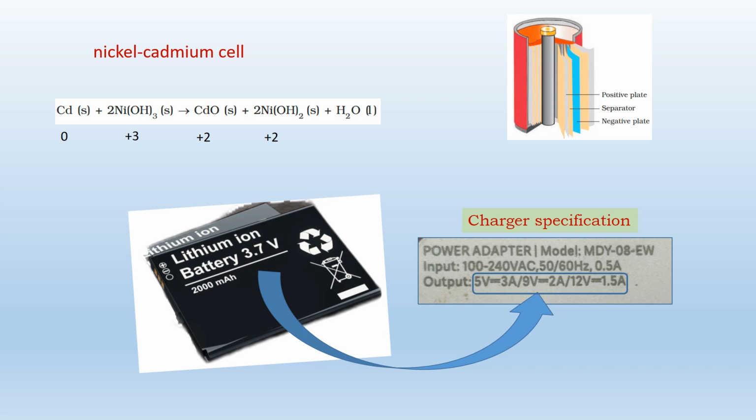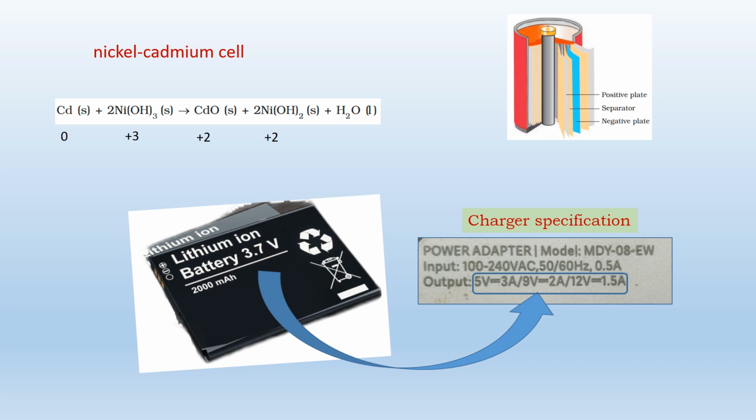It loses 2 electrons and is converted to cadmium oxide. Whereas the nickel trihydroxide is converted into nickel dihydroxide, that is, nickel 2 hydroxide. They will mention the oxidation state alone. That is, +3 oxidation to +2 oxidation state. It was reduced.